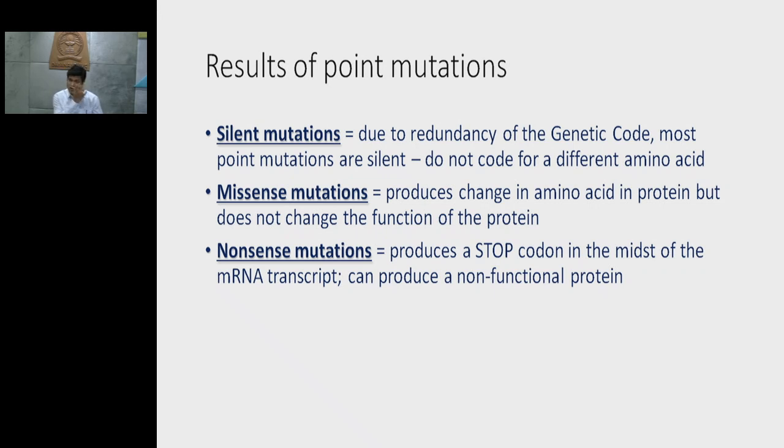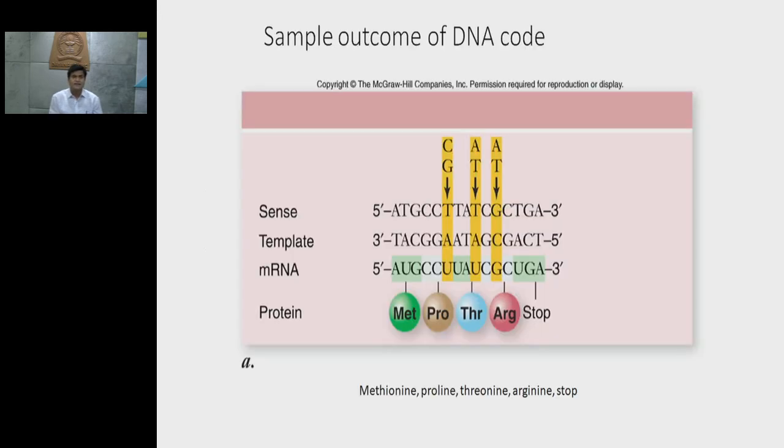So here nonsense mutation is dangerous because of premature synthesis of the protein. These are sample outcomes of a DNA code. We can see here the sense strand, the template strand and the mRNA transcript, and we can see the translated product of the protein: methionine, proline, threonine, arginine are the amino acids.